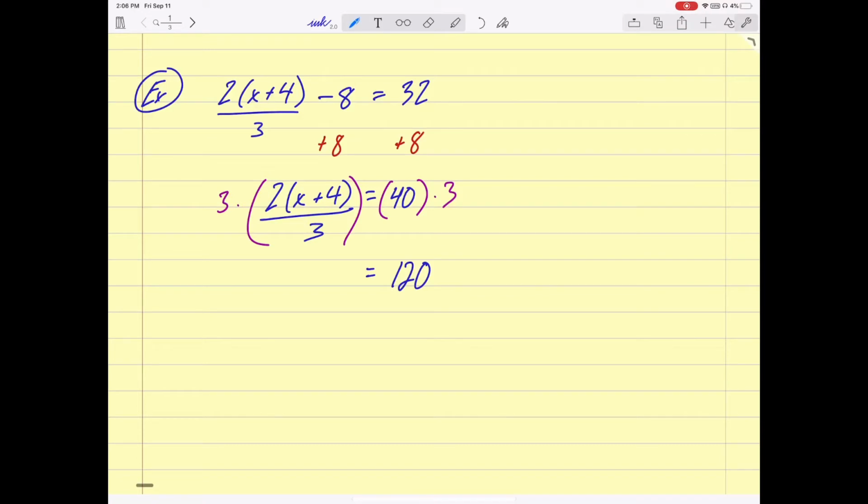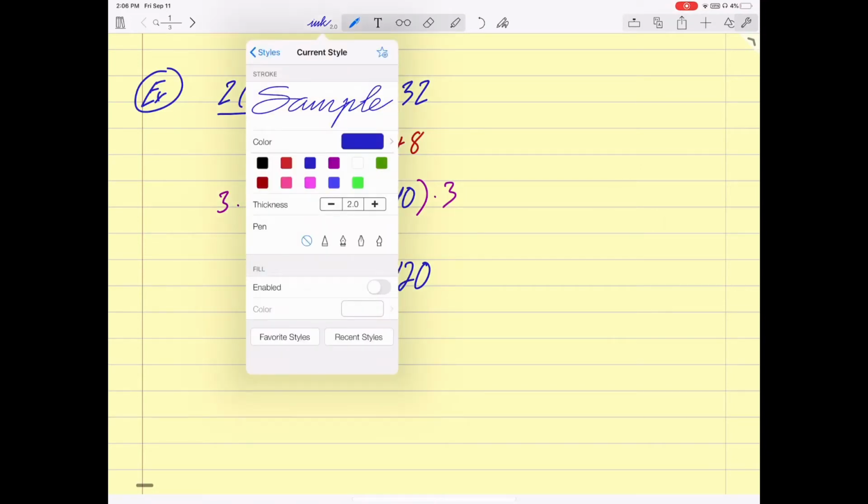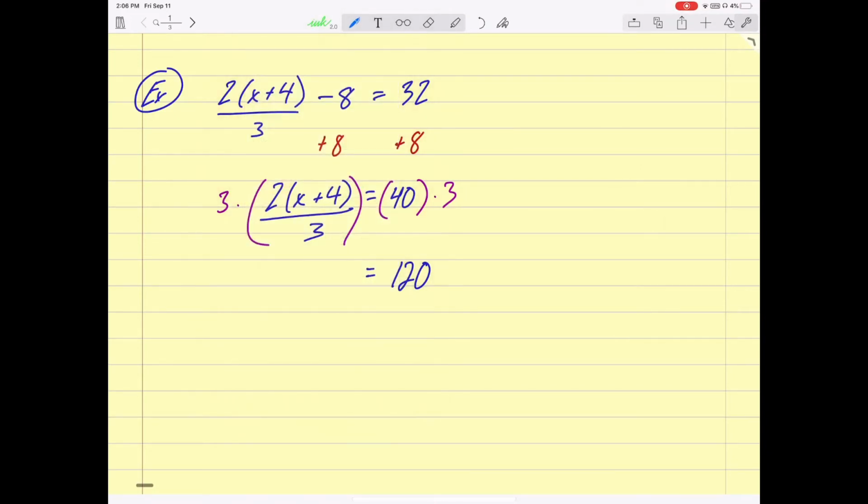Now on the left side, I've seen students do all sorts of things. They would multiply 3 times 2, and x, and 4. But if you multiply 3 times a number over 3, like 3 times 1/3, this would give me 3 over 3, which is 1.